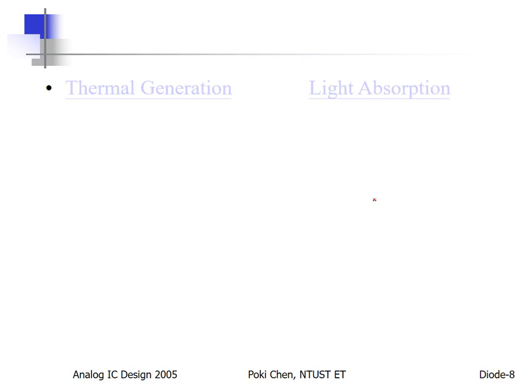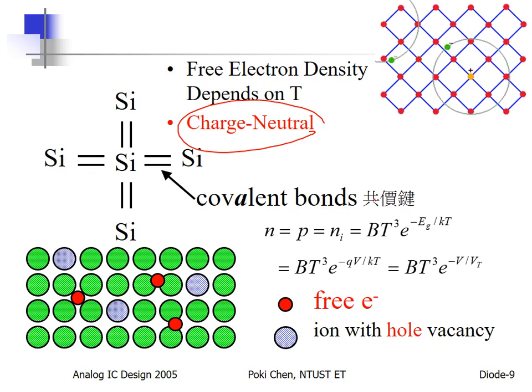All right? So in this way, for some reason, kinetic energy, thermal energy, light energy, some of the covalent electrons become free. But free electrons means what? Negative, right? So the holes are forced to be positive because from the very beginning this is neutral, right?